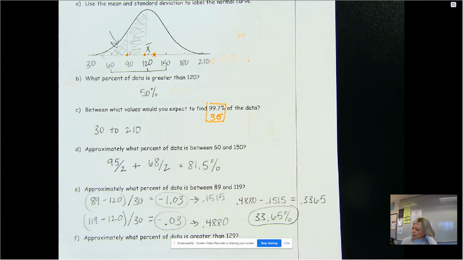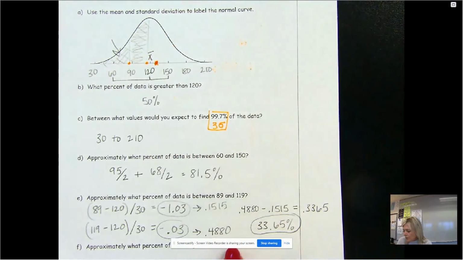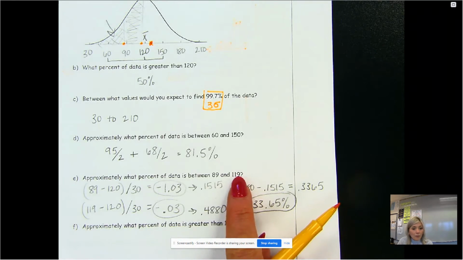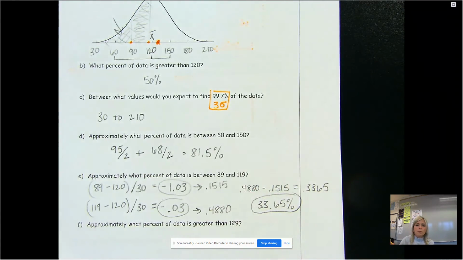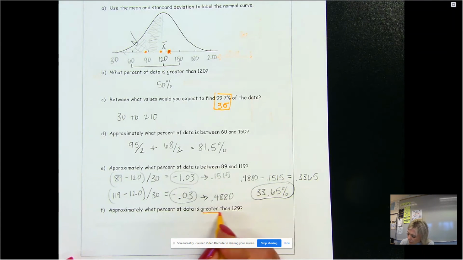And then finally, approximately what percent of data is greater than 129? So 129 is about right here. I actually saw that number when I was supposed to be doing that number on the previous problem. So mystery solved. So greater than 129. So we're going to have to find the z-score and then the area above it.